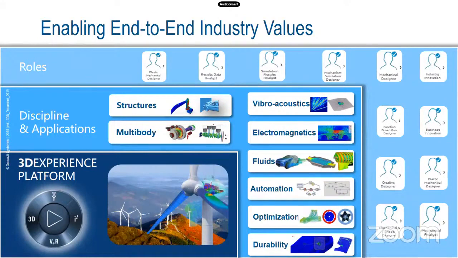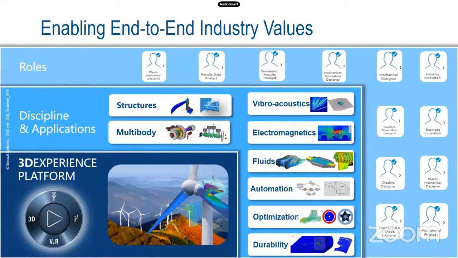We are giving industry the different solutions applicable to them, and with that they can move ahead with their needs. Earlier we had different tools to address simulation-based design, like Abaqus, Isight, Tosca, everything.